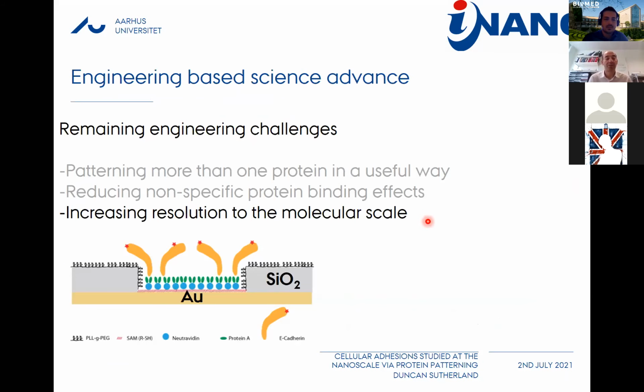So the last thing I just want to talk about is a look to the future. We are conscious that we don't control the proteins on the molecular scale. And so within this patch that we form, we don't control where these are positioned.